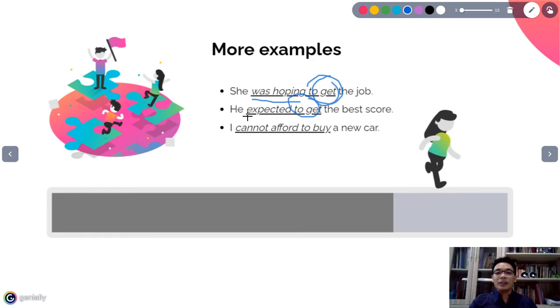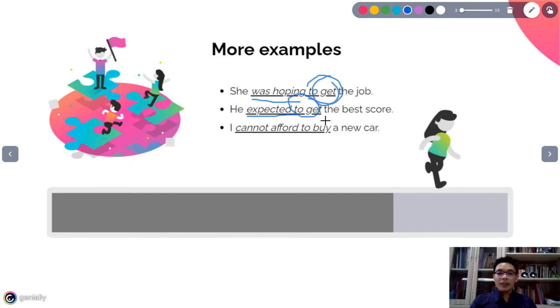He expected to get the best score. He expects to get the best score. He is expecting to get the best score. The to infinitive to get remains the same.